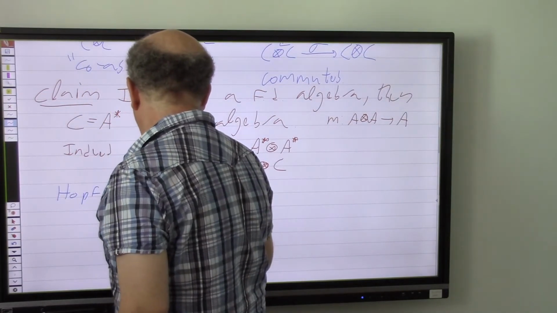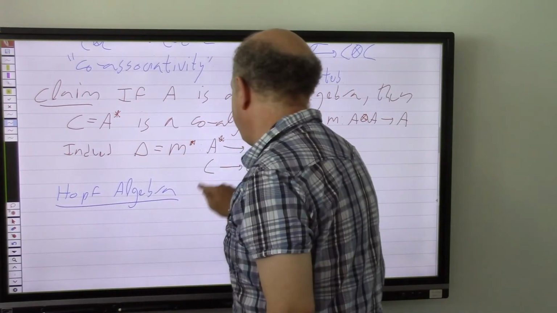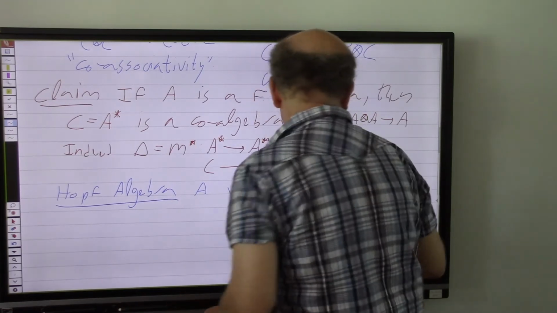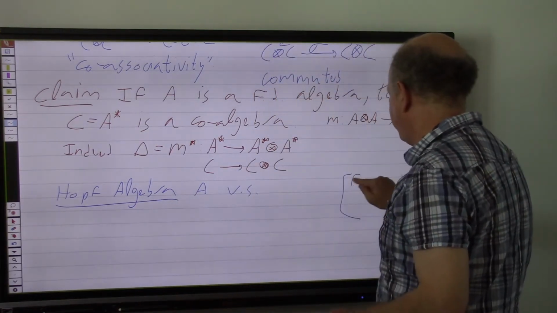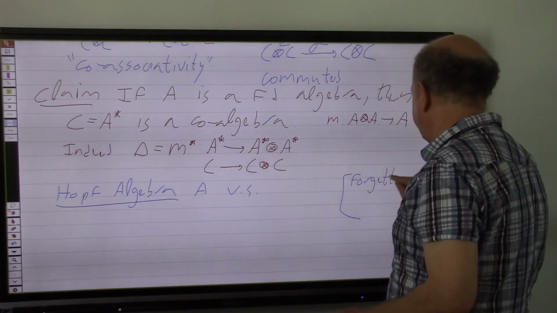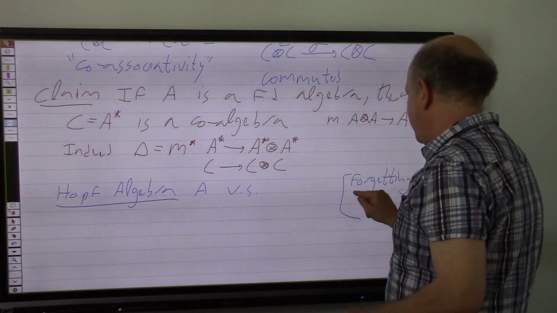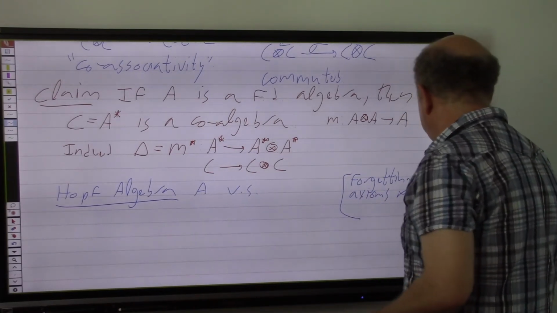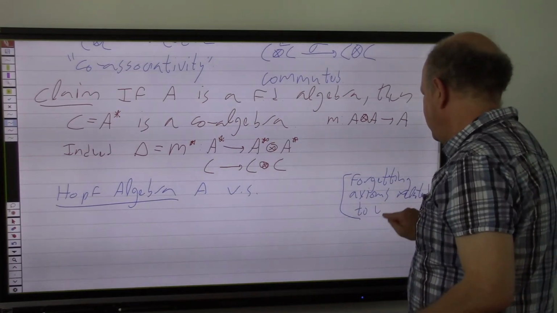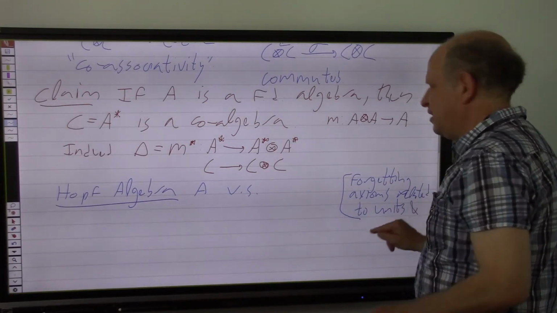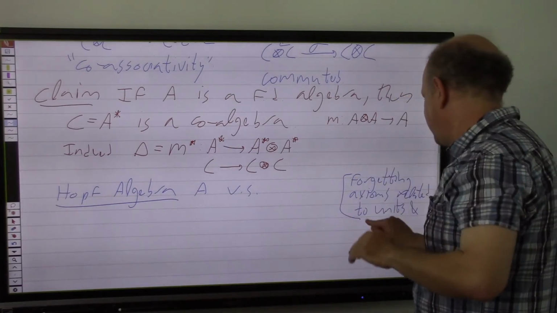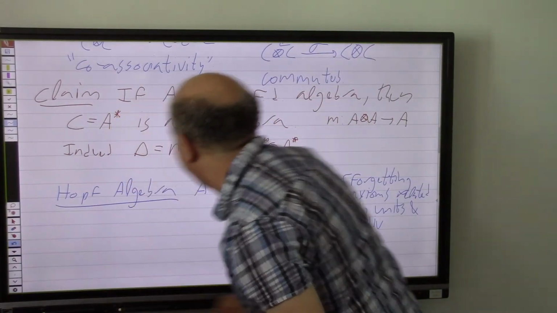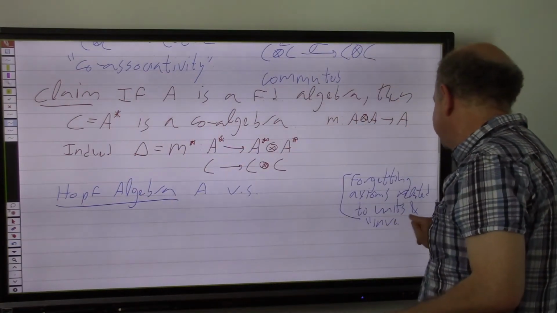So a Hopf algebra is a vector space. So you know what? I'm lying to you, because I'm forgetting axioms related to units and not quite inverses, but I'll put it in quotes because it's not precise, but roughly about inverses.